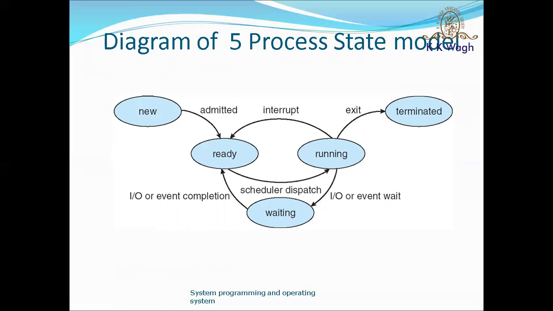If there is an input output or event wait, then it goes to the waiting state. After scheduler dispatch, again it goes to the ready state, and after the ready state, again it goes to the running state. And if there are no more interrupts, then it goes to the terminated state after completing. Let us move towards the next slide.